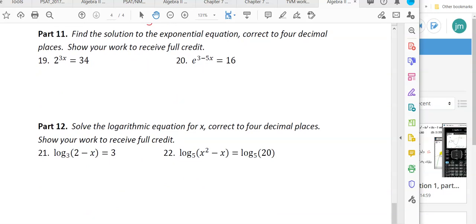So let's change the form. That's typically how we solve. So log base 2 of 34 equals the exponent, which is 3x, divide by 3, divide by 3. Just type that in your calculator at that point.